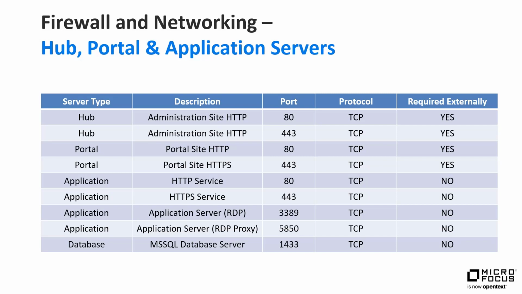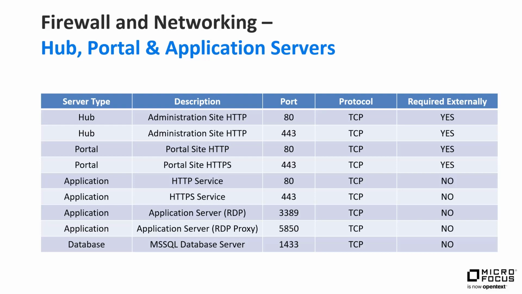Firewall and networking. For the hub, it communicates over port 80 or 443. Unless you have a domain name specified for your Turbo server, you will need to expose these ports from the hub externally. Same for the portal.